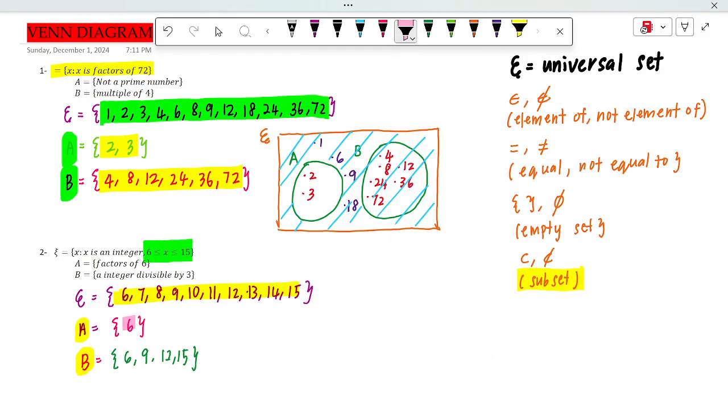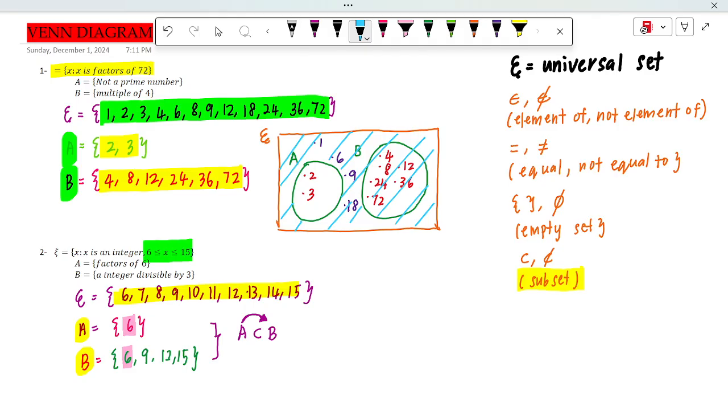Yes, there is. Both are having 6. So in this step, we can conclude a relationship of A is subset of B. Why A is subset of B? Because all the elements in A belong to B. A has 6, B also has 6. So all the elements of A belong to B, so we call it A subset of B.